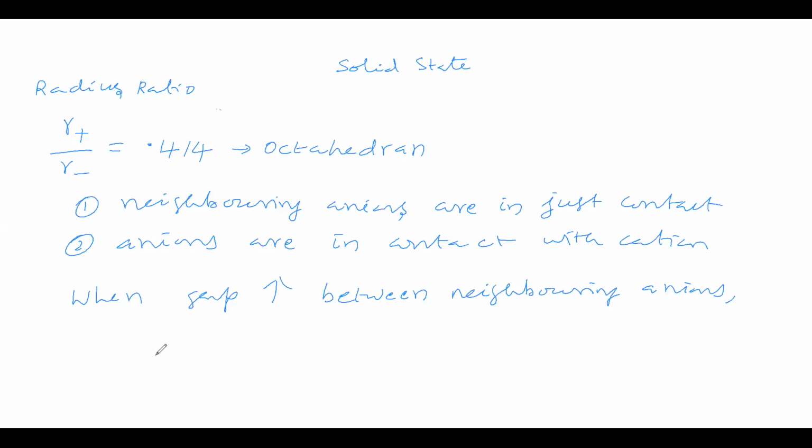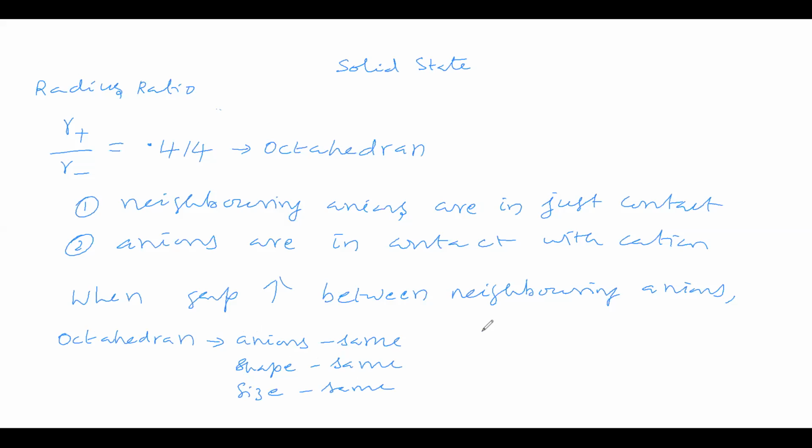Now we will take octahedron. In the octahedron, the anions are the same, meaning the shape is the same, spherical, and the size of the anion is also the same.